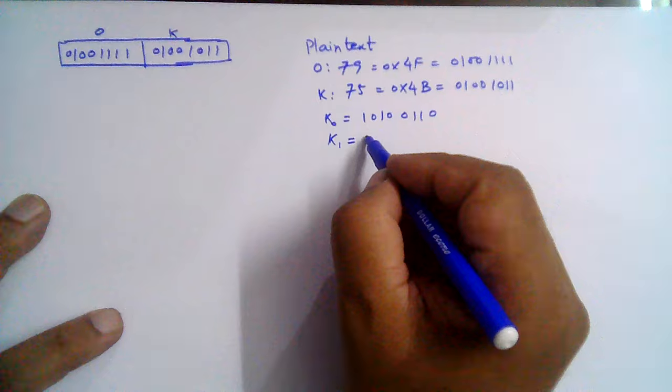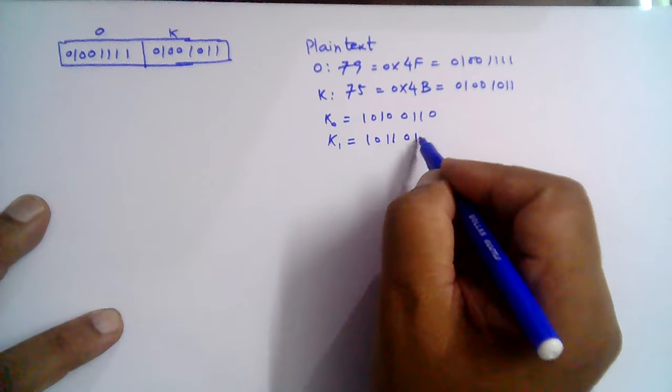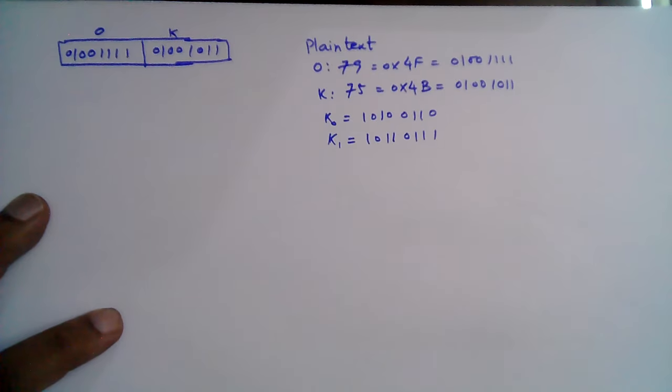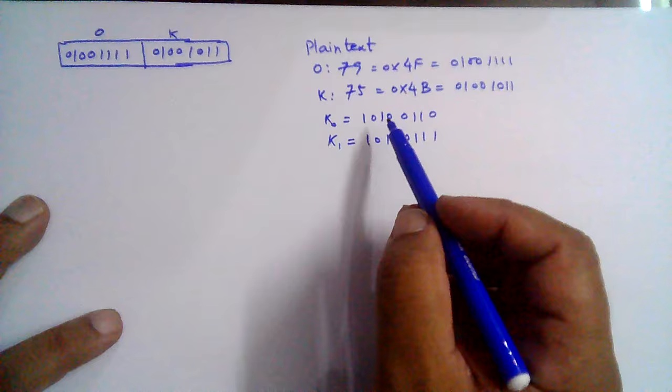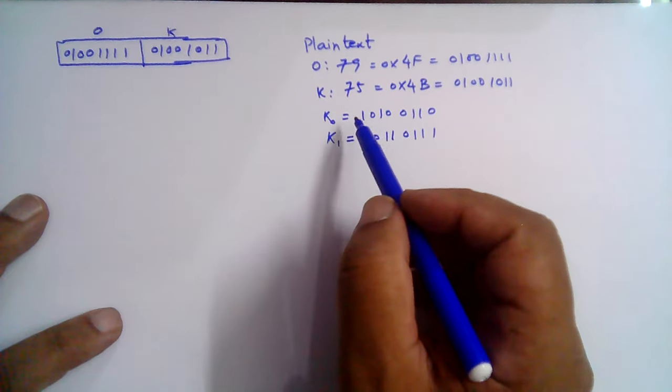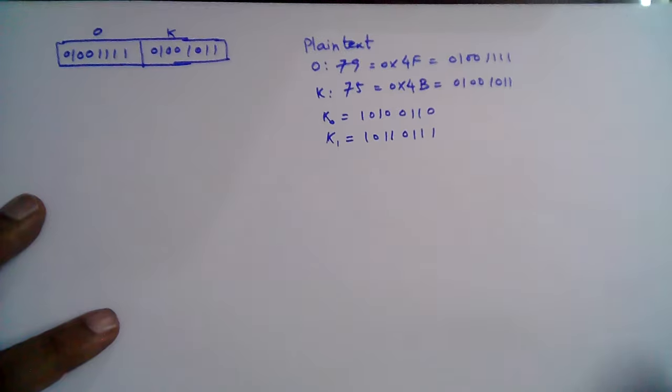Suppose the subkey K1 is 10110111. So these are the two subkeys that we have along with the plain text, and we suppose that we have already derived the subkeys from some main key of this encryption algorithm, right?